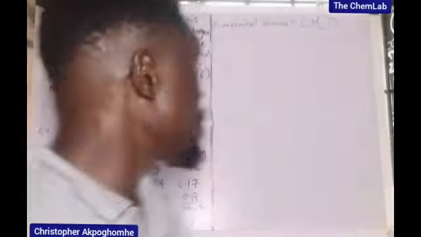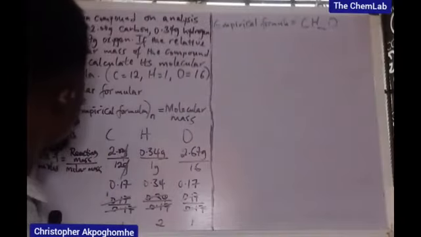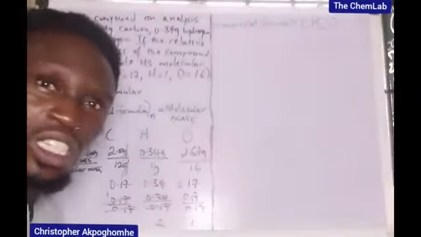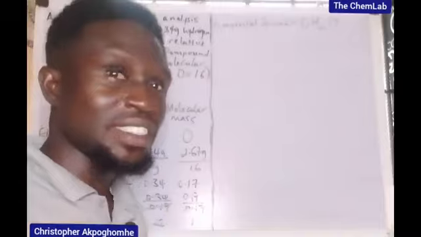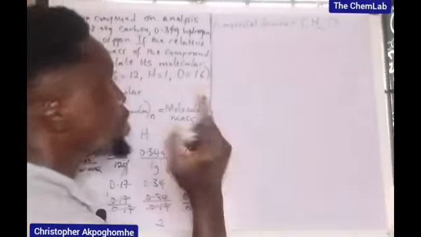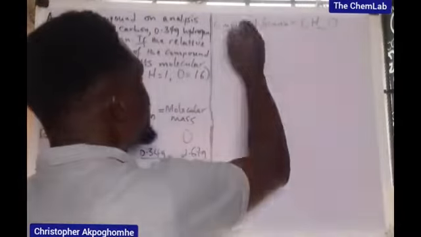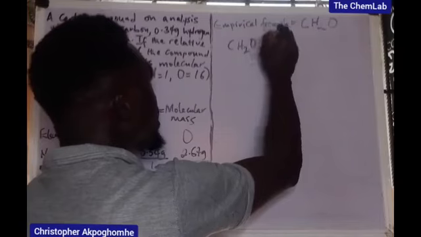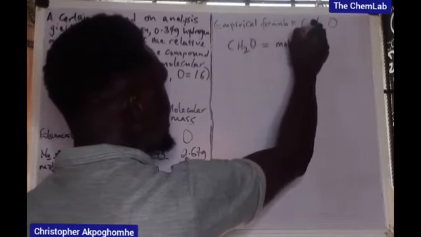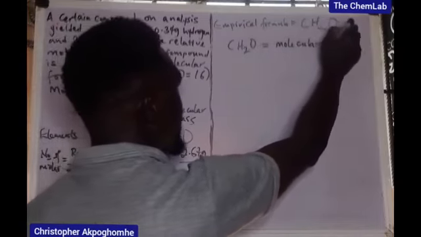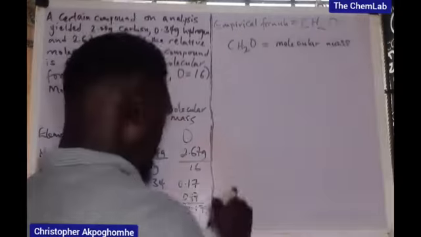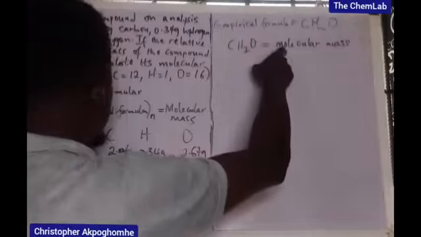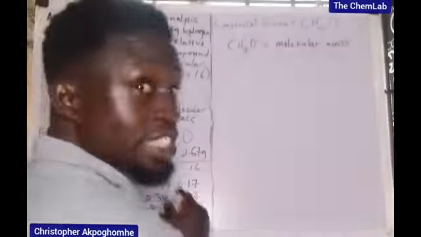Welcome back. So, the molecular formula is the next thing we're going to be looking at. For the molecular formula, this is how you calculate for it. You write this empirical formula equal to the molecular mass. Now, the molecular mass was given to you in the question to be 60, right?